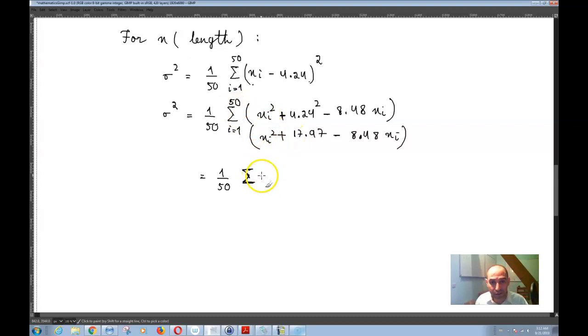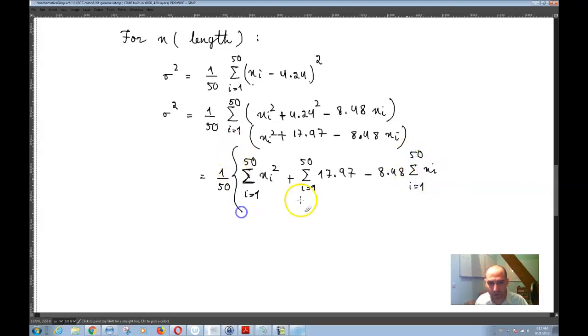So I have sigma x of I squared as I goes from 1 to 50. And then I have sigma 17.97 as I goes from 1 to 50. And minus basically, I can write this as 8.48 times sigma of x of I as I goes from 1 to 50.